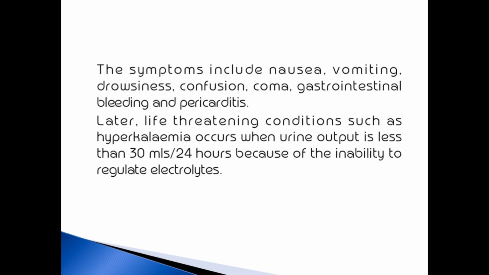The symptoms that may also be found in the oliguric phase are nausea, vomiting, drowsiness, confusion, coma, gastrointestinal bleeding, and also pericarditis. Later, life-threatening conditions such as hyperkalemia occur when urine output is less than 30 mL in 24 hours because of inability to regulate electrolytes. With hyperkalemia there will be an increased amount of potassium.